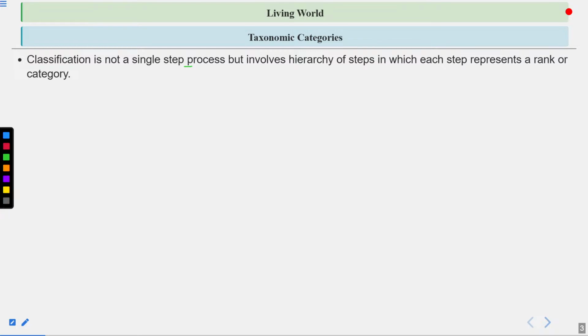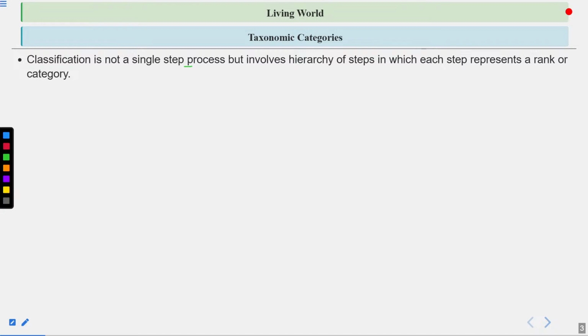But you can see all these are categories, all are taxons, but the level is different, the rank is different. Dogs are at the lower rank. Mammals are at a higher rank as compared to dogs. And animals occupy the highest level or rank. So you can see there is a hierarchy here from lower to higher.